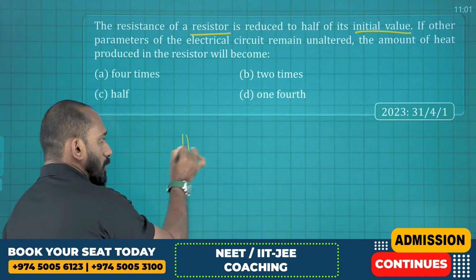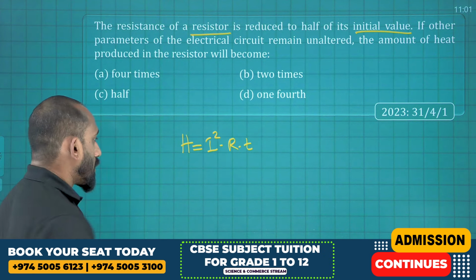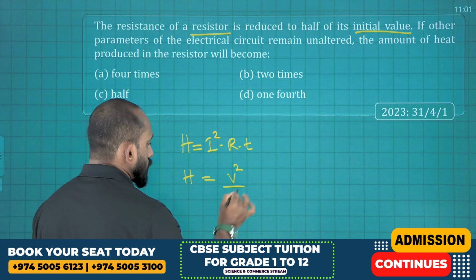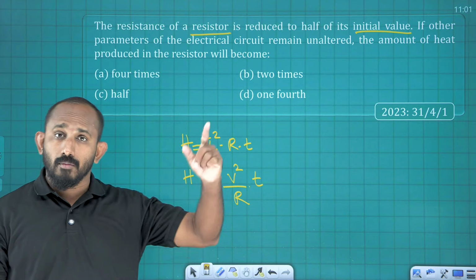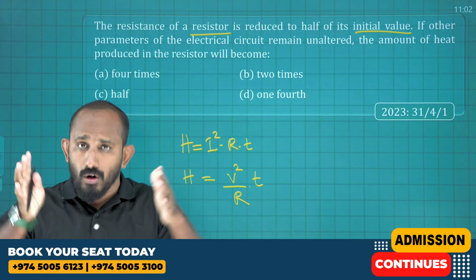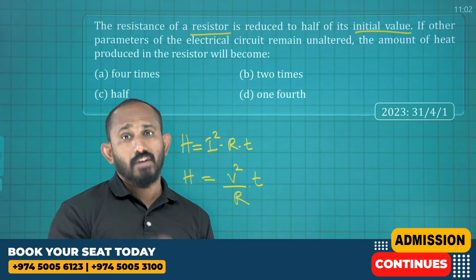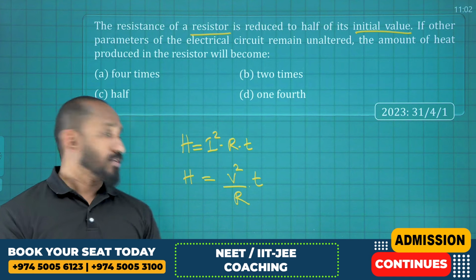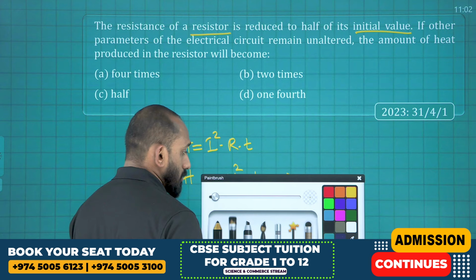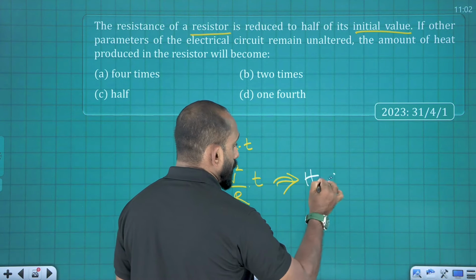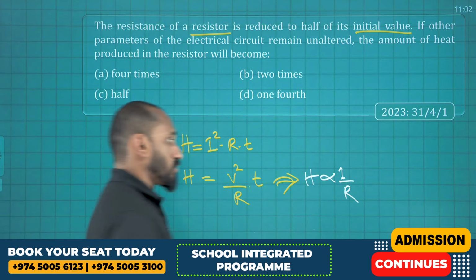So we have heat produced equal to I square R into T. Or it can be H equal to V square by R into T. Normally, if resistance is decreased, current will increase. The other parameters kept constant will be voltage and time. If voltage and time are kept constant, then H is proportional to 1 by R. So in the second concept, we get heat H is proportional to 1 by R, if V and T are constant.